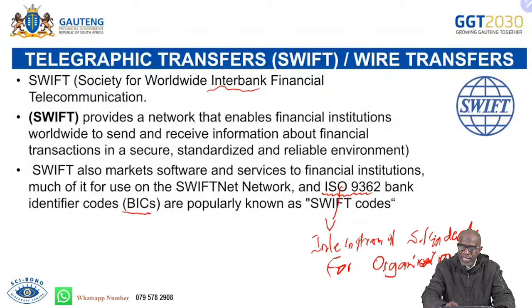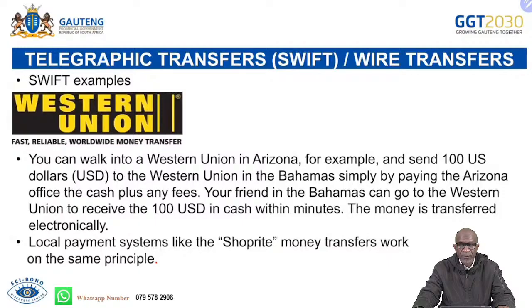And the organizations that we are referring to here are the banks. So the banks use the ISO to process payments made on the SWIFT platform. Here are examples of the SWIFT or wire transfer.